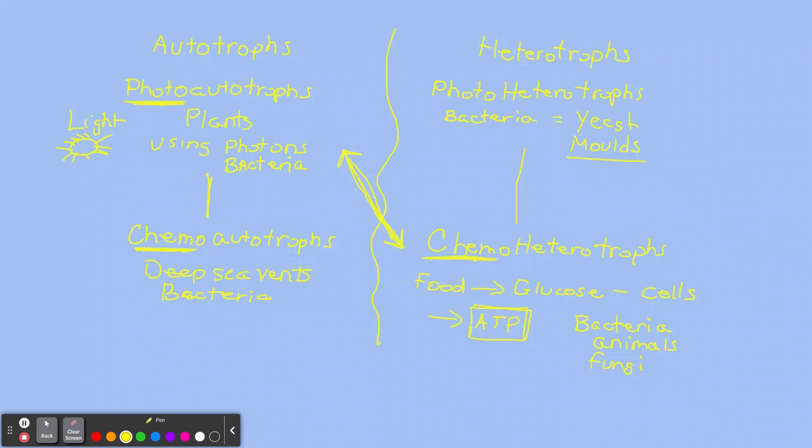You're feeding yourself, but you're using chemical reactions instead of light to produce that energy. Whereas in the heterotrophs, like yeast and molds, you'll consume other organisms, but you'll use light to help break that into energy. Whereas us, we consume others and we use chemical reactions within our body to make ATP, that adenosine triphosphate. All right, so again, next video we have to talk about electrons.